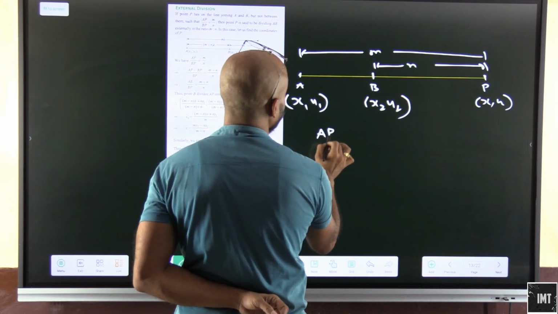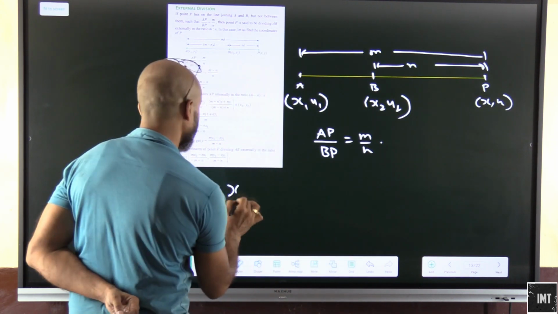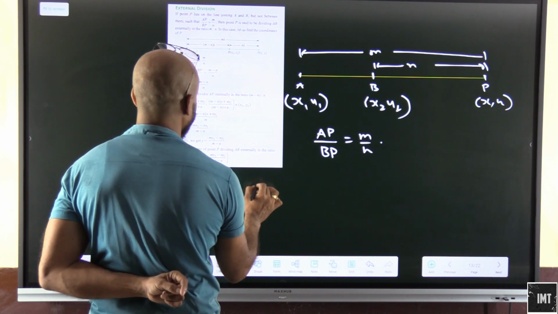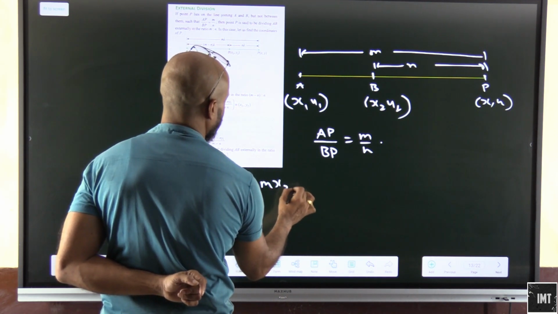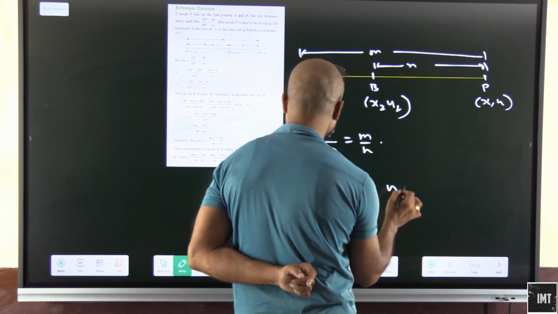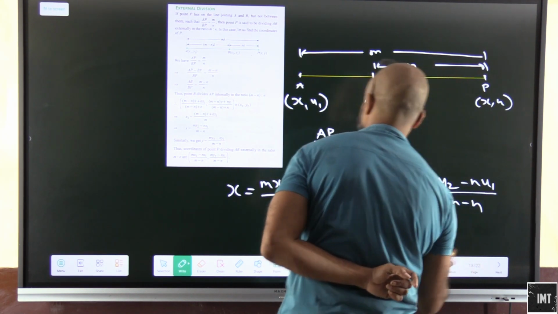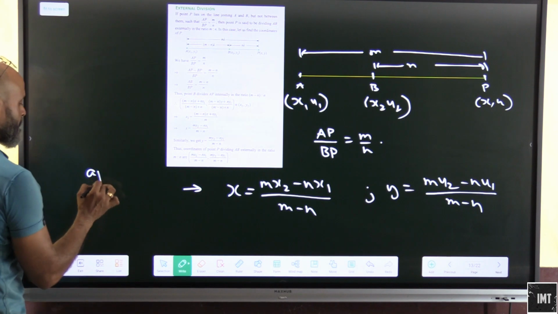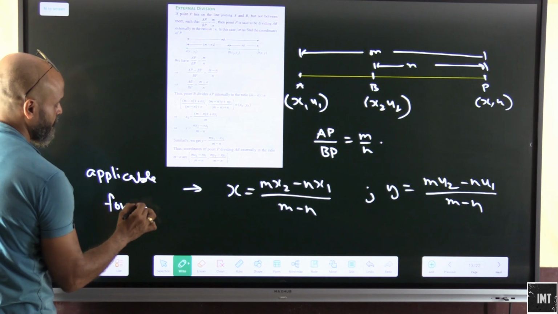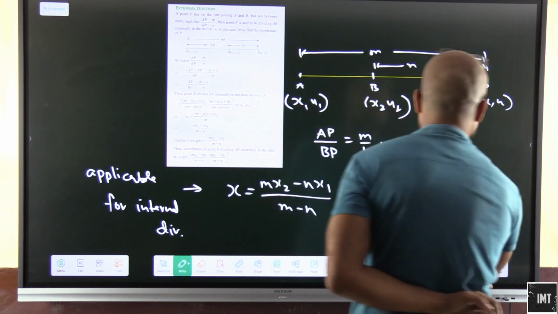So AP is to BP is again m is to n, but in this case x will be m x2 minus n x1 upon m minus n, and y will be m y2 minus n y1 upon m minus n. So this is applicable for external division. Okay, all right, let's move on.